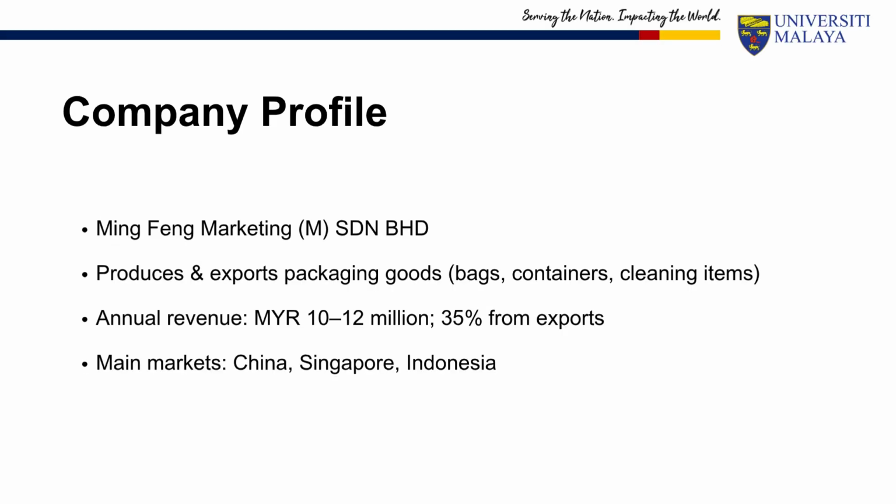Next, let's see the company profile. This company is called Minfeng Marketing. It started in 2009. It makes export plastic packaging like bags and food boxes. Around 35% of its sales come from export, especially to China.